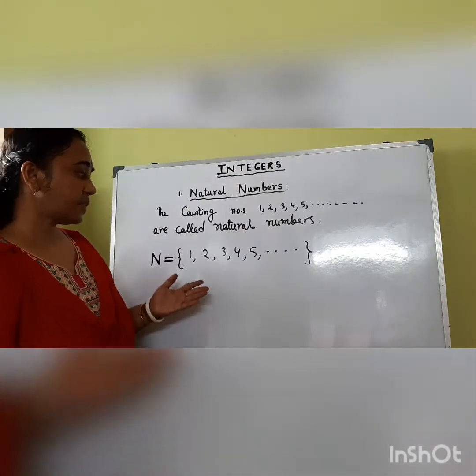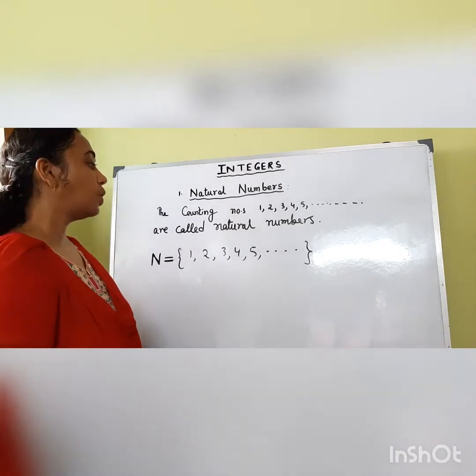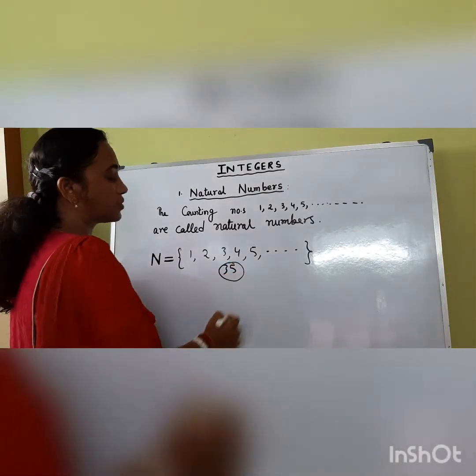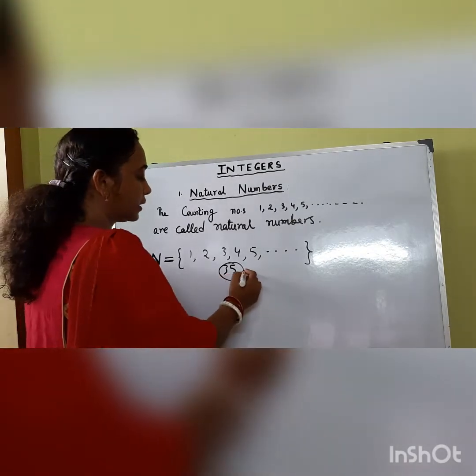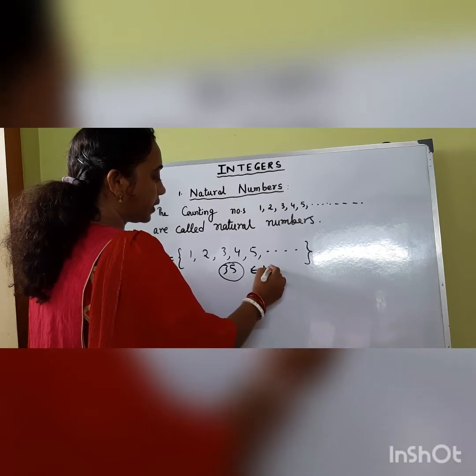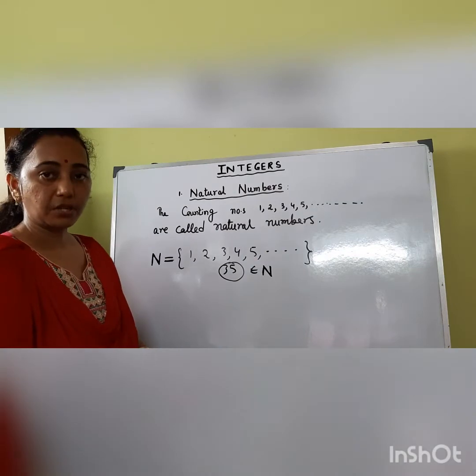So from this we can say that 4 is a natural number. Also if I write 35, it is also a natural number. So in short we can write 35 belongs to N. That means 35 is a natural number.